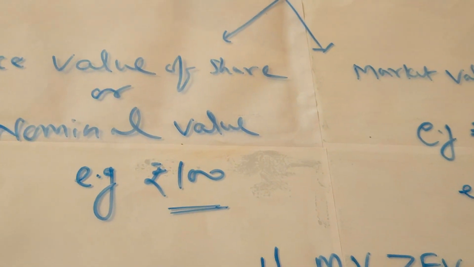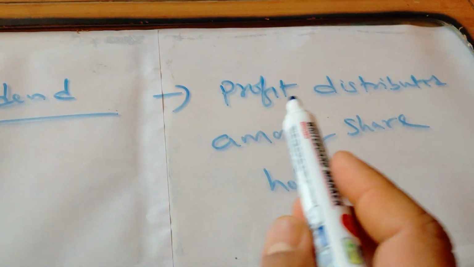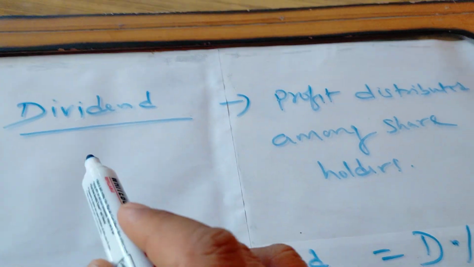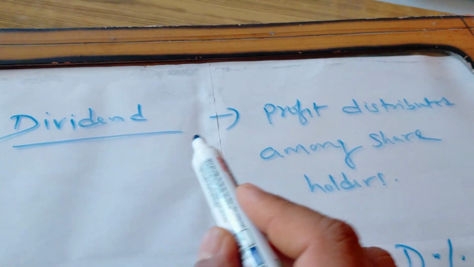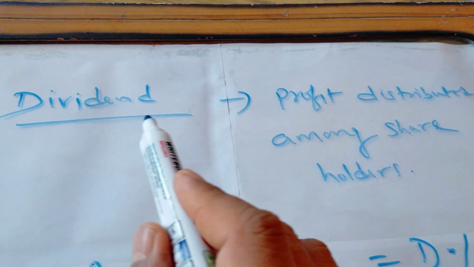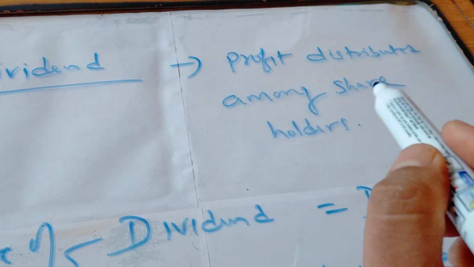Okay. Now the next term is dividend. Dividend means the profit distributed among shareholders. When any company issues shares, whatever profit is earned by the company annually is called dividend, and it is divided among the shareholders according to their shares.